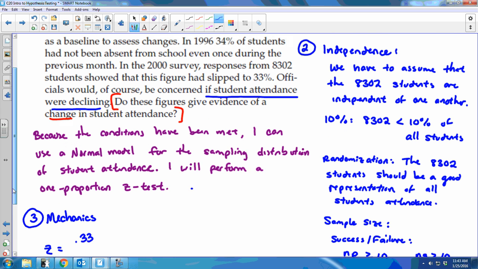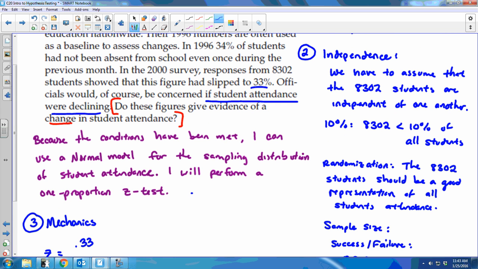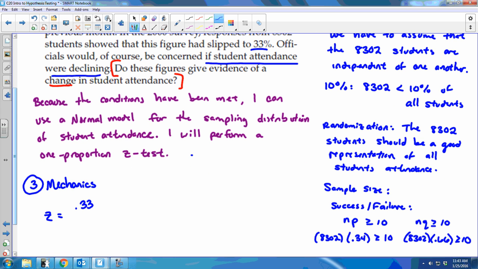Right, 33% is what we got in the 2000 sample. That's what we sampled. That was our new sample. 0.34 is our population proportion, what we believe to be true. And then we divide by the standard deviation, again, of whatever we think is going on in the population.